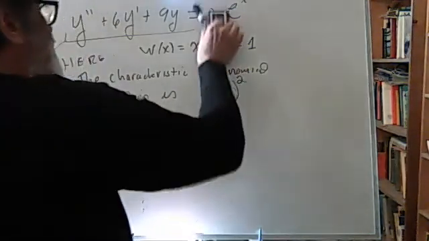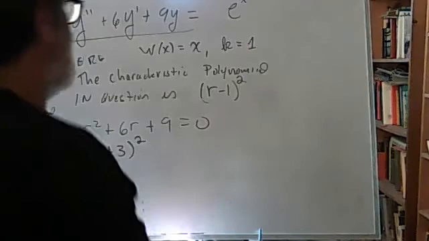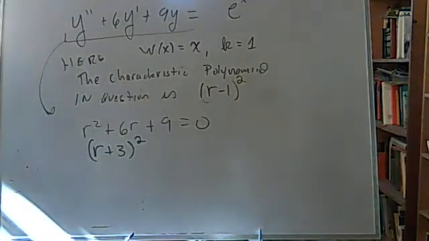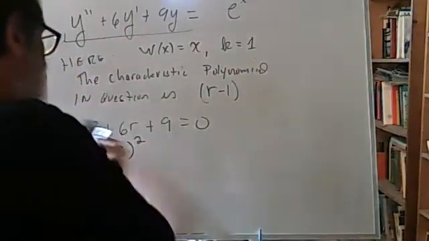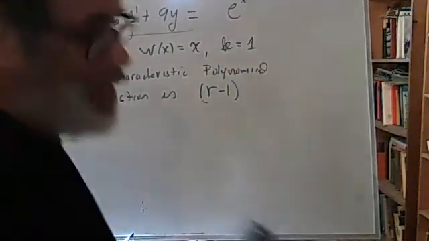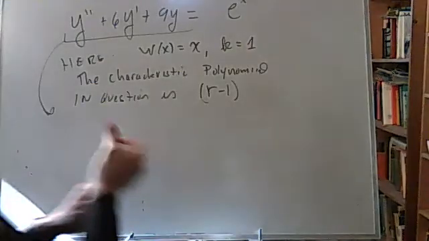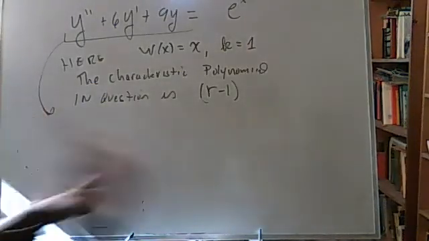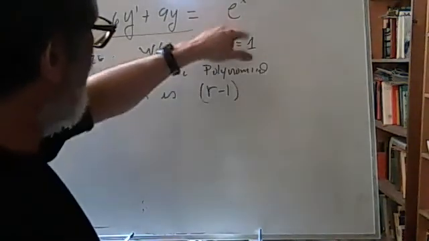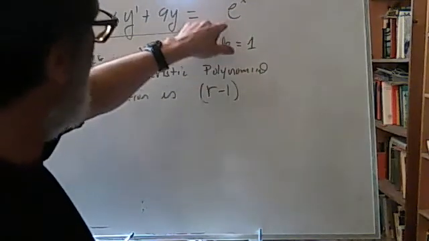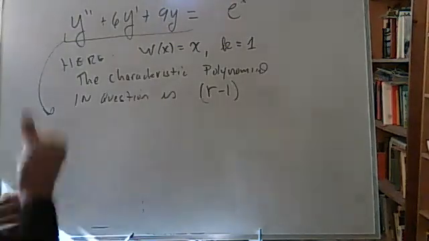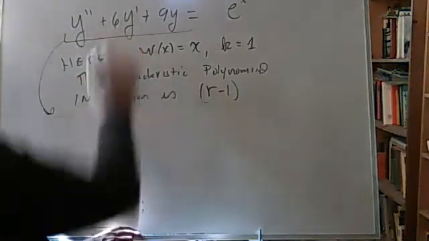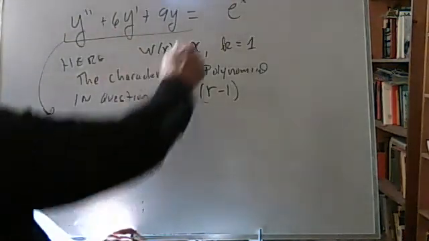So let's just take away this x and leave it like that. Now the characteristic polynomial is just r equals 1. Looking at this from a characteristic polynomial point of view, this function annihilates the differential equation y prime minus y equals 0.